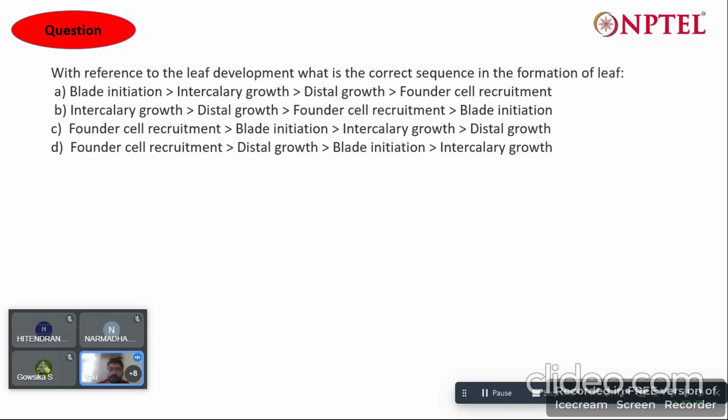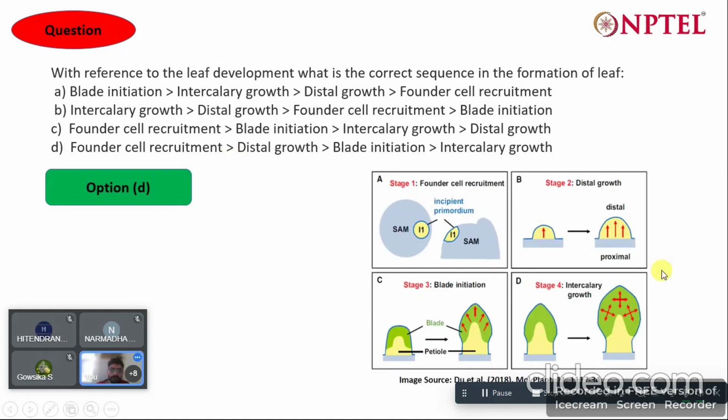So the correct answer is option D. And here is the explanation of the question. First, the SAM, the shoot apical meristem, initiates the founder cell recruitment, that is, the cells are destined to form the leaf.